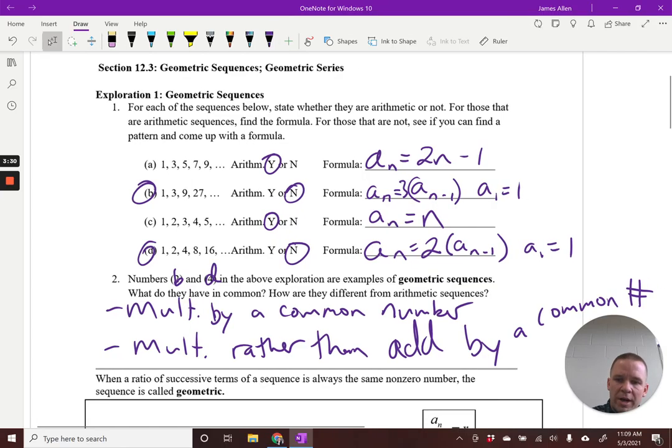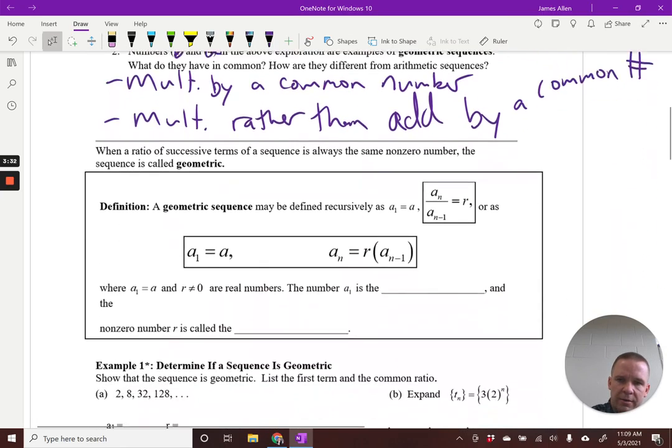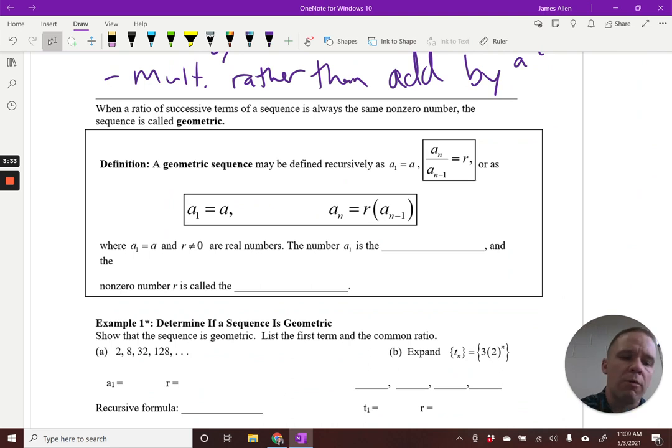So when the ratio of successive terms of a sequence is the same non-zero number, we call that a geometric sequence. Okay? So if I'm multiplying everything by 2, or by 3, or by a third, or by 4/5, that would be geometric. I'm always multiplying by the same thing, whether it's a positive number, a negative number, a fraction, whatever, as long as it's not 0.